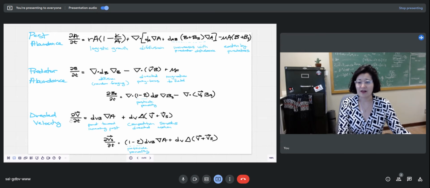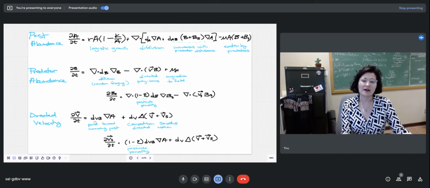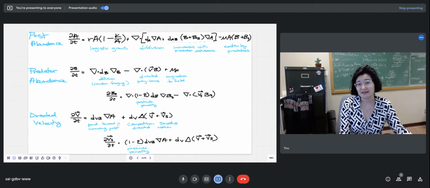And then the directed velocity for either the beetles or the beetles when they've been sprayed is given by these equations here. And so what happens is the velocity shifts to point towards directions where there are increasing pests.